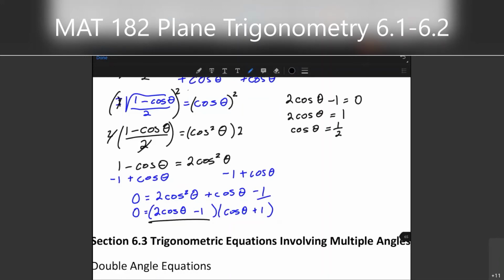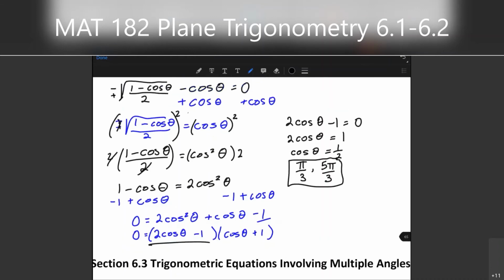That's at 60 degrees and 300 degrees. So that would end up being pi over 3 for 1, and 5 pi over 3 for a second. So those are 2 solutions there.